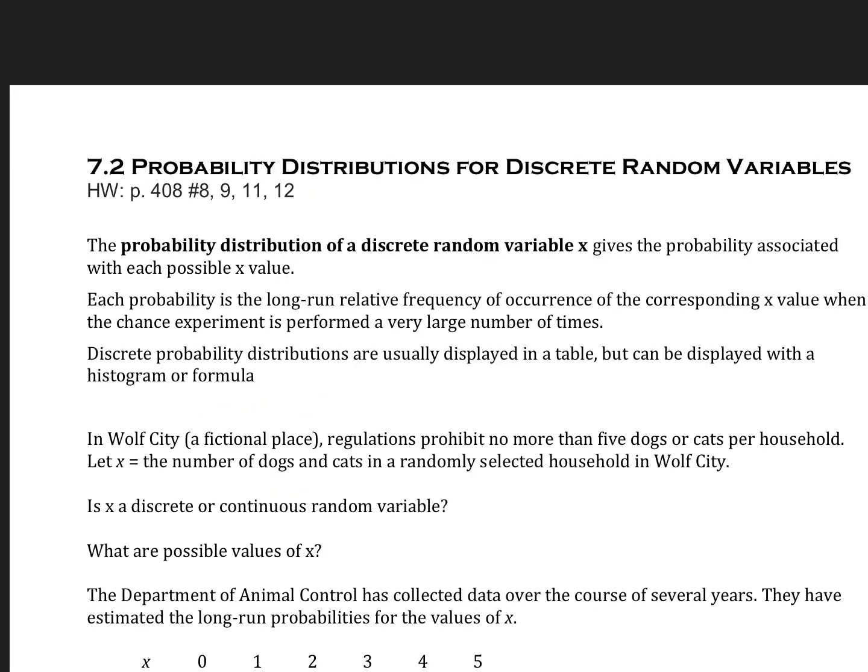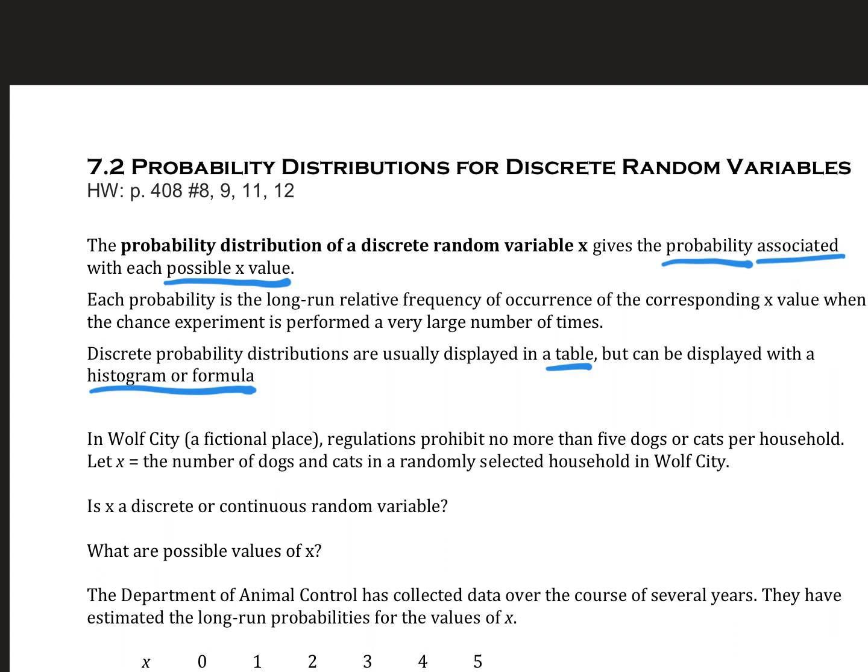In 7.2, we're learning about probability distributions for discrete random variables. We will learn probability distributions for continuous variables in the future. All right, so what a probability distribution is, it's a table or a graph or an equation that shows the probability associated with every single possible value of x.